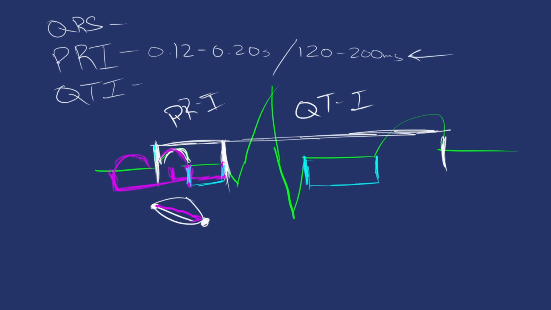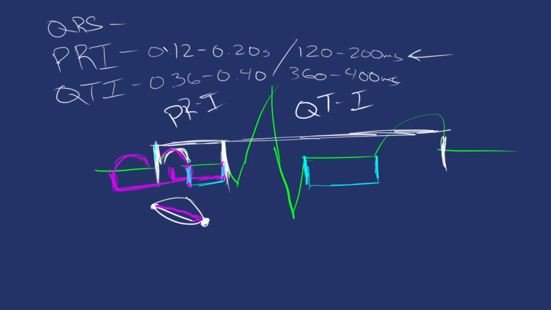Our QT interval is going to be 0.36 to 0.40. And this might change from hospital to hospital. There might be a plus or minus of 2. Some places might do 0.38 to 0.42. These are just general numbers for you to go by. And this might be 360 to 400 milliseconds.